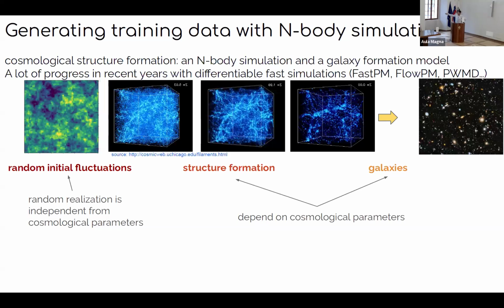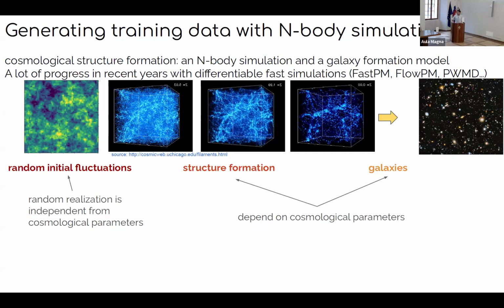Traditionally this is very expensive, but newer simulations that we have been developing over the years can make it a lot faster. They go under different names, but these simulations are these days a lot faster. They can easily take minutes or so, and so we can generate a lot of them.